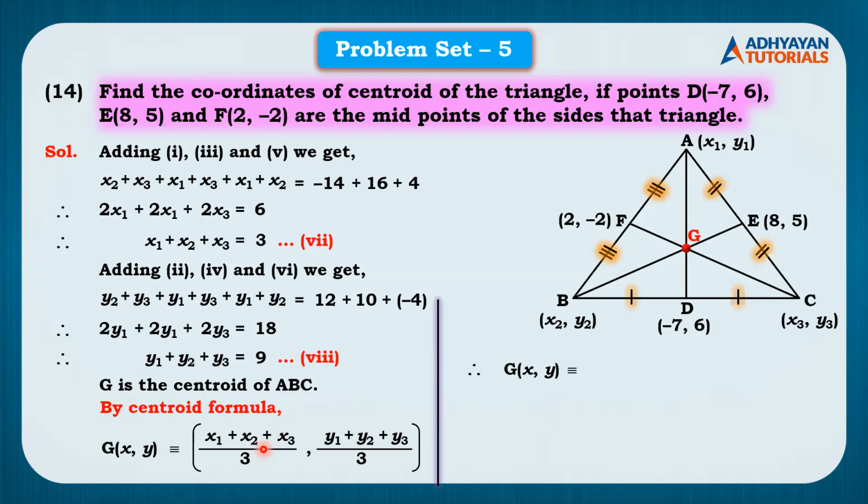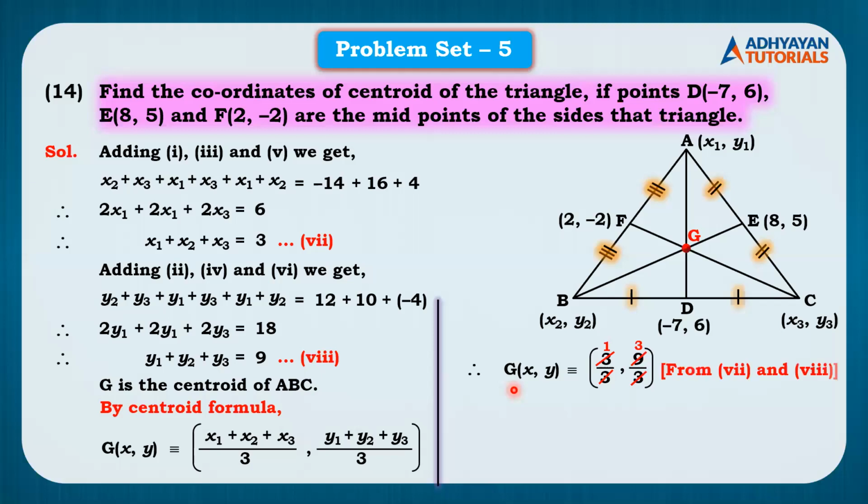Now x1 plus x2 plus x3, इसका वैल्यू हमें ऑलरेडी इक्वेशन 7 में मिला है. सो x1 plus x2 plus x3 का वैल्यू इज 3, सो 3 upon 3, कॉमा y1 plus y2 plus y3 का वैल्यू हमें मिला है इक्वेशन 8 में. y1 plus y2 plus y3 का वैल्यू है 9 upon 3. So 3 upon 3 is 1, 9 upon 3 is 3.